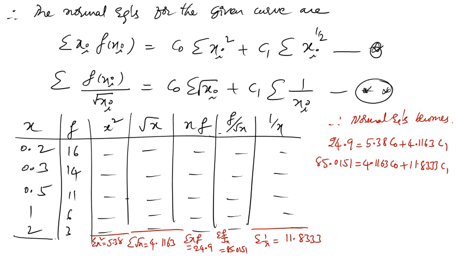So solving, C naught is equal to minus 1.1836, C1 equal to 7.5961.